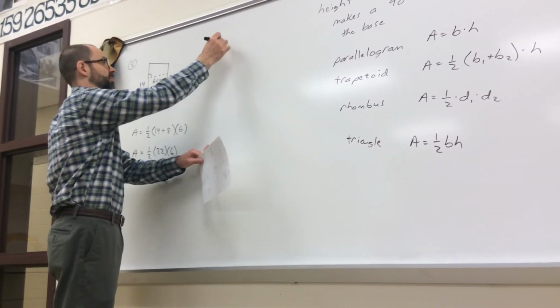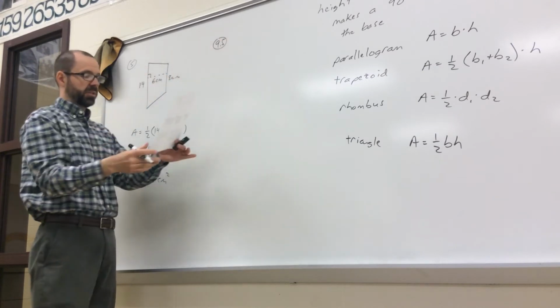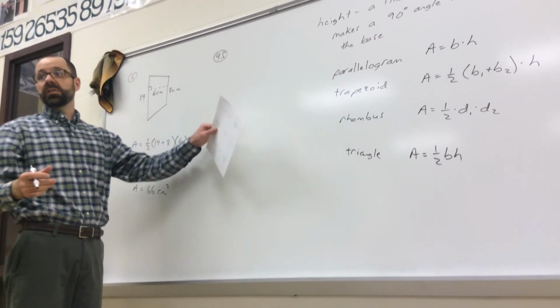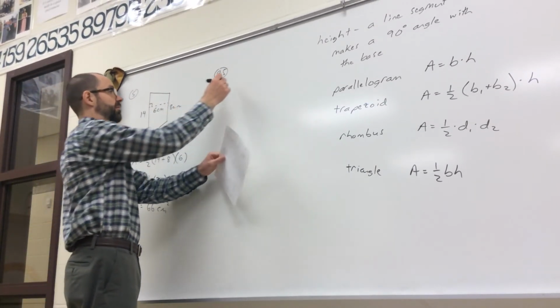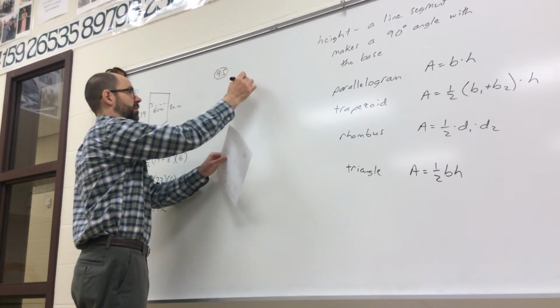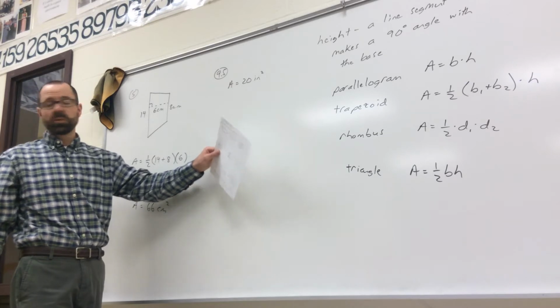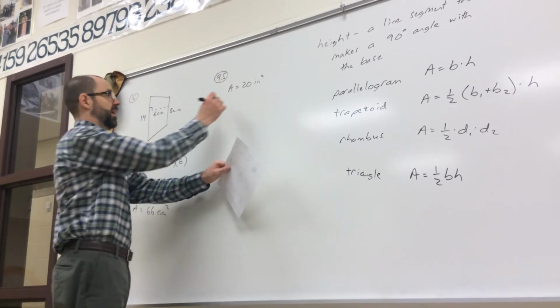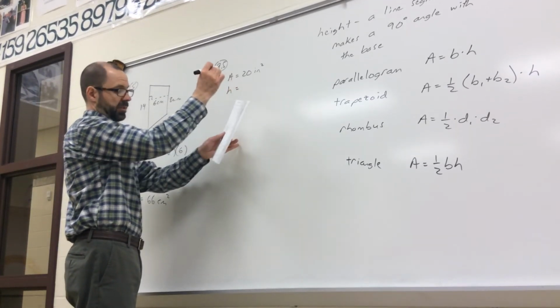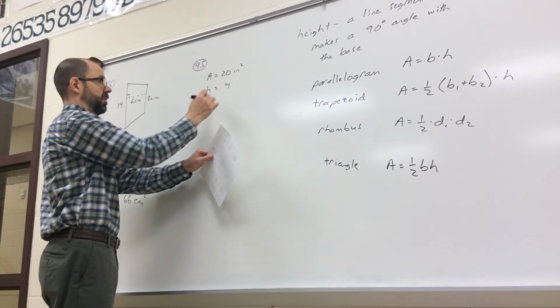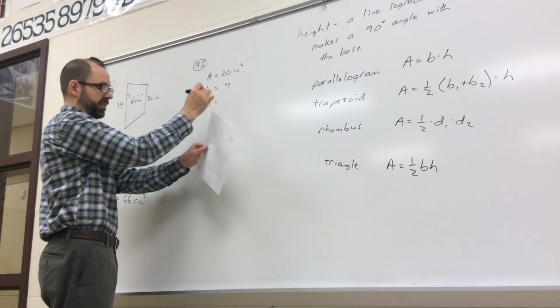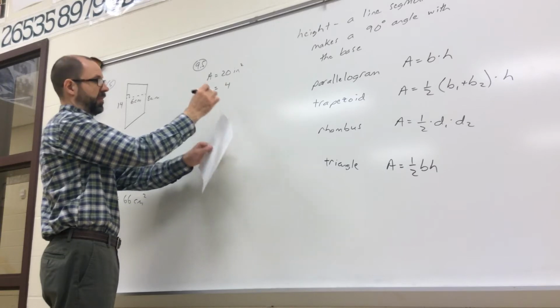All right, there's the problem number 9.5. That's the one we're going to do next. And this time they tell you the area of the figure. This is the information in the problem. The area is 20 square inches. The height is 4. And one of the bases is 5.